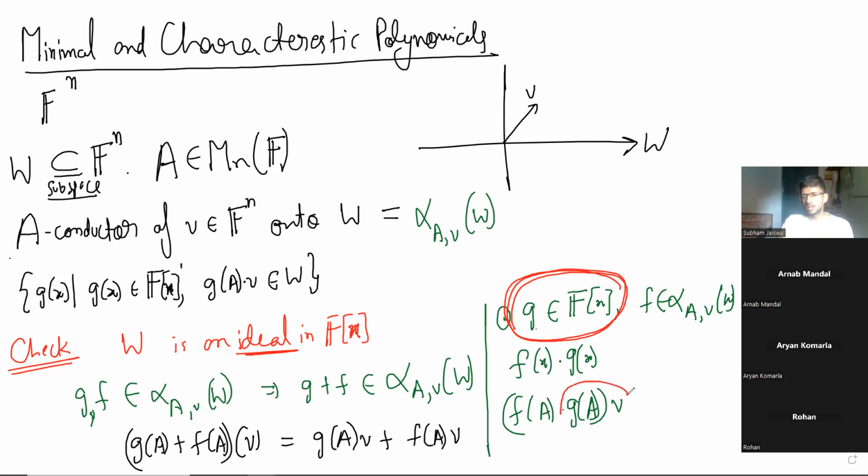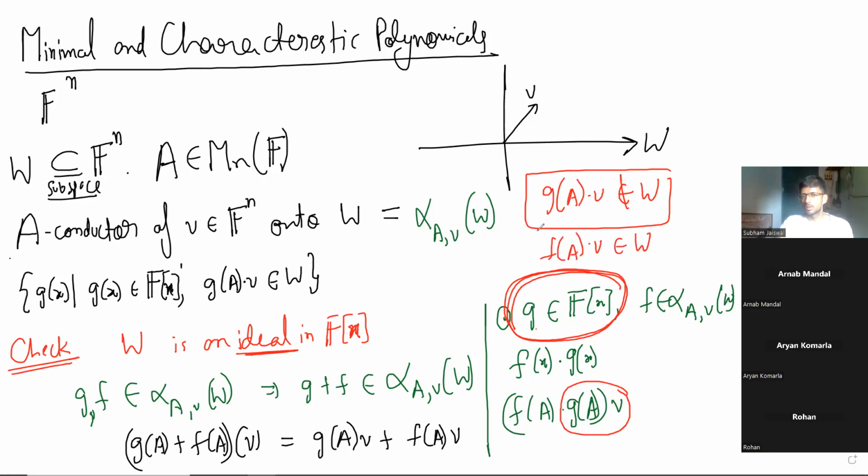So this thing may not be in W. Correct? That is the point. g(A) at v may not be in W. We know that f(A) at v is in W. Everybody? But g(A) is not in W.